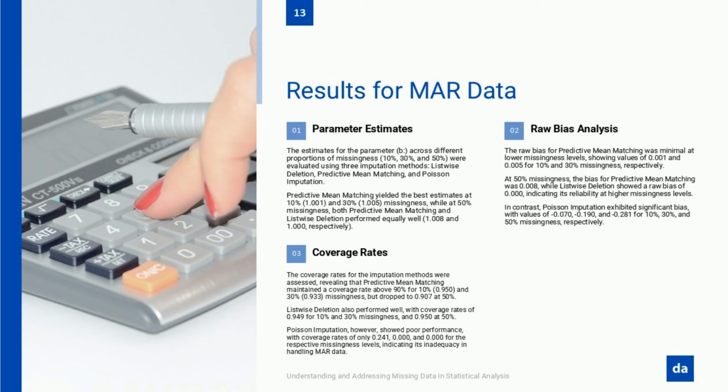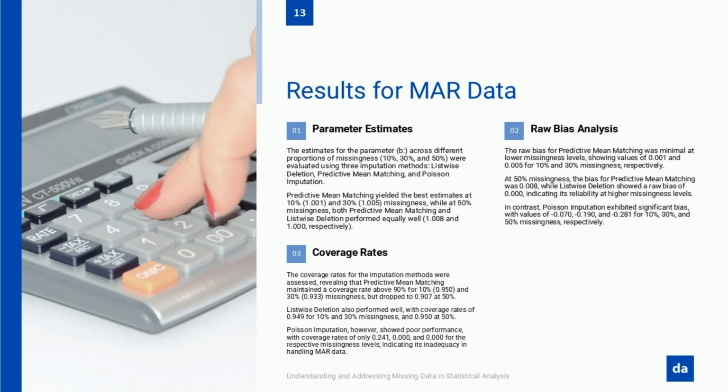Predictable, reliable, and frankly a little boring, but that's not a bad thing here. Poisson imputation. Coverage rates of 0.002, 0.00, and, brace yourself, 0.0 again. At this point, Poisson isn't even on the track. It's taking a nap under the bleachers.